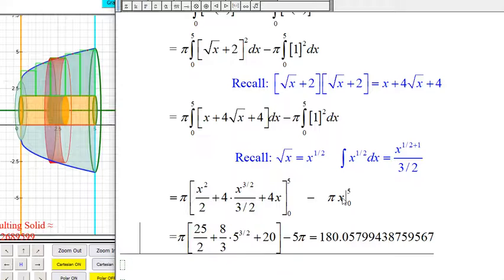And here, if we put 5, we get 5 pi. So the volume of the solid that we want is all of this minus 5 pi, which is approximately 180.05799. So one more time, the reason we use the washer method is because we have a hole in the middle.